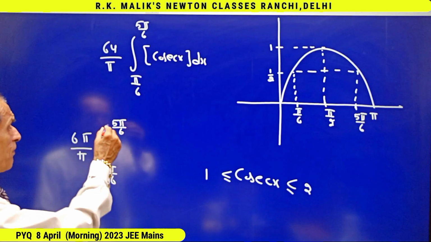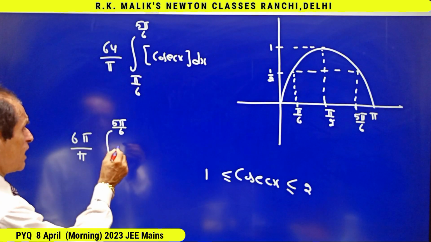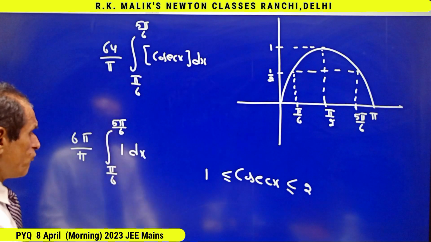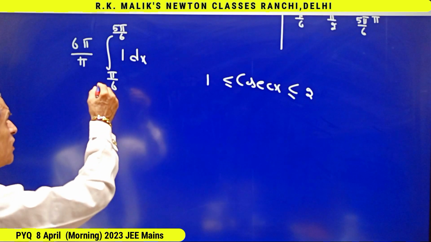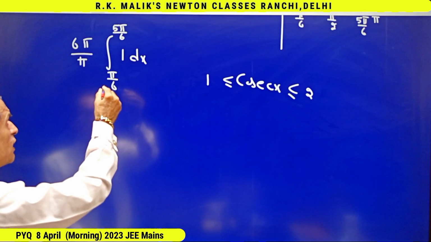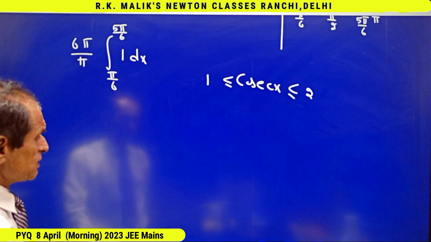Ignoring the points pi by 6 and 5 pi by 6, I can write it as 1 dx. But you will ask, why have I ignored pi by 6 and 5 pi by 6? For the complete explanation, you will have to see my video lecture on definite integral. But the main concept I tell you here is to make you understand the reason for ignoring pi by 6 and 5 pi by 6.